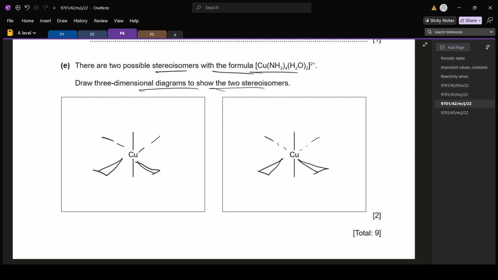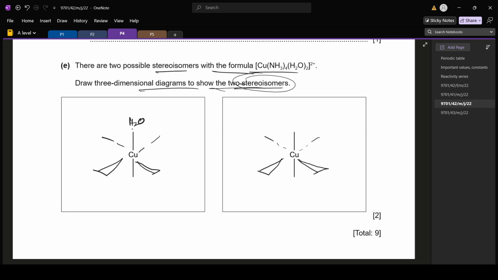As you can see, there are two water ligands, so this will show geometrical isomerism, cis and trans. The cis molecule is polar, in which the polarity is not cancelled out. In trans the polarity is cancelled out and the bond angle is 180.